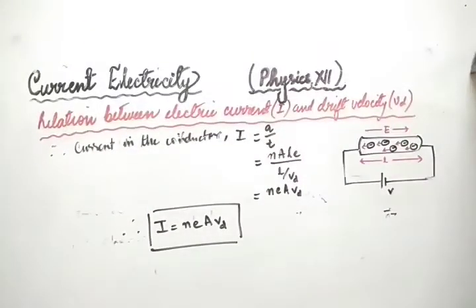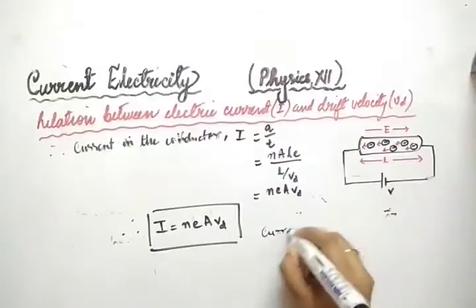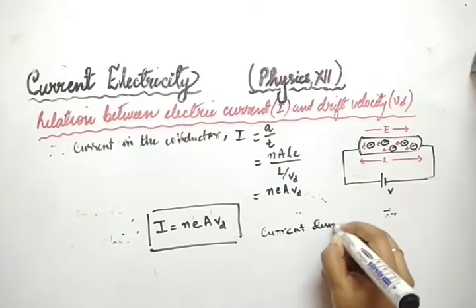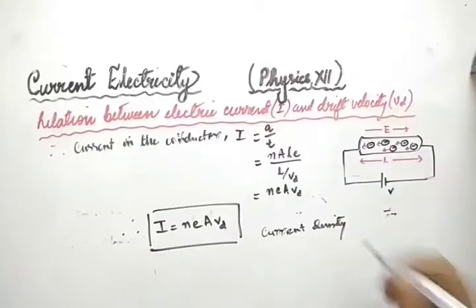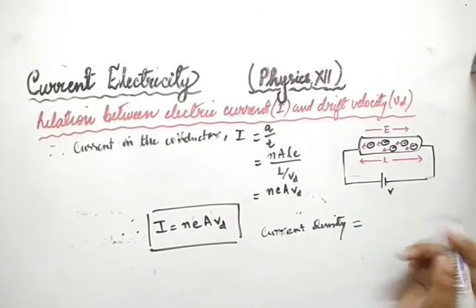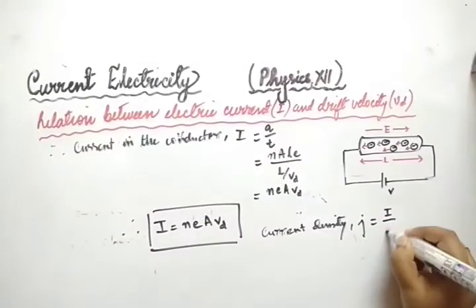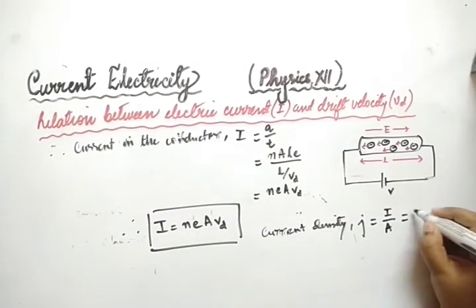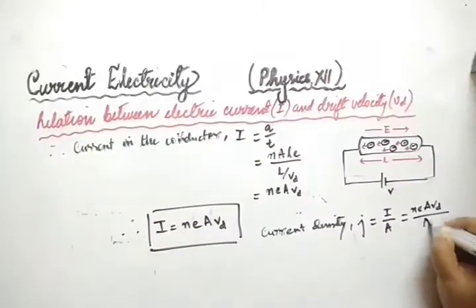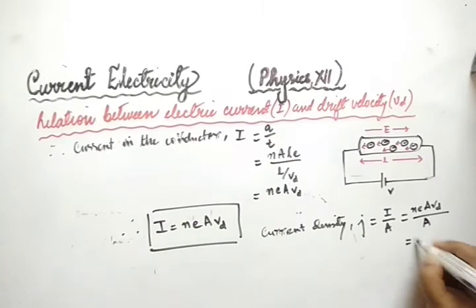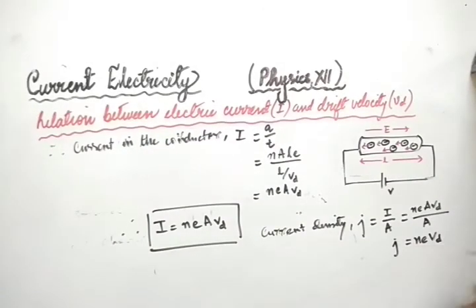Now, if you are asked to find out the current density at any cross section of the conductor, it can be given by I by A. So I, which is n e A V subscript d, divided by A will be n e V d.